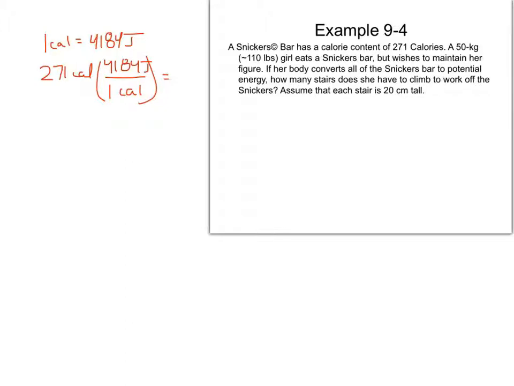I'm doing this kind of live here. 1.13 times 10 to the 6th joules of energy. All right, that's 1,133,864 joules. So I'm just going to abbreviate it to 1.13 times 10 to the 6th joules. So that's a decent amount of joules of energy that you need to expend in order to burn that off. All right, that's the amount of energy that's in that.